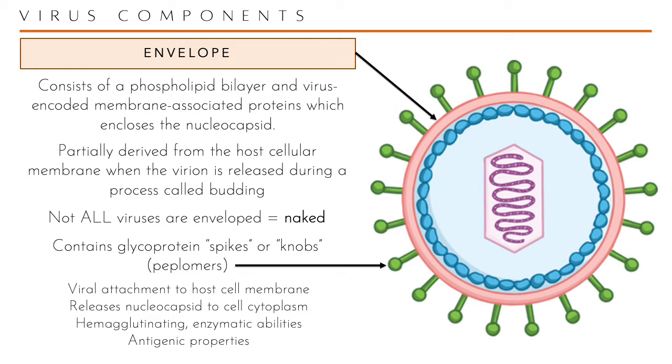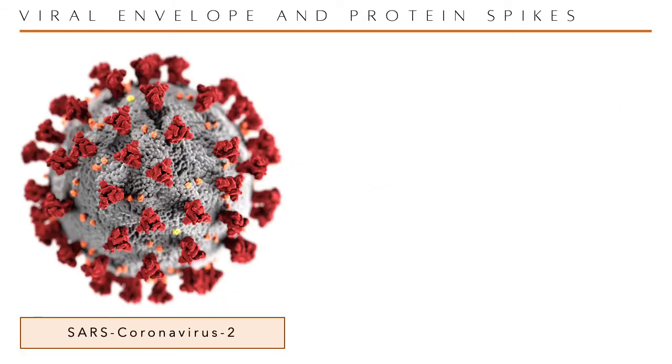An example of the glycoproteins and how they are very important for a virus would be the SARS coronavirus 2 particle. All right. So you see there the envelope is the gray covering. You will not be able to see the genome there, but you see different proteins on the envelope, right? You have the red, the big spike proteins.